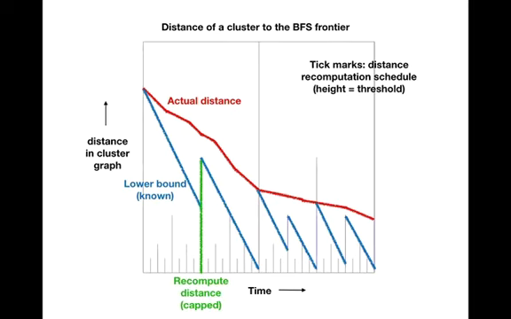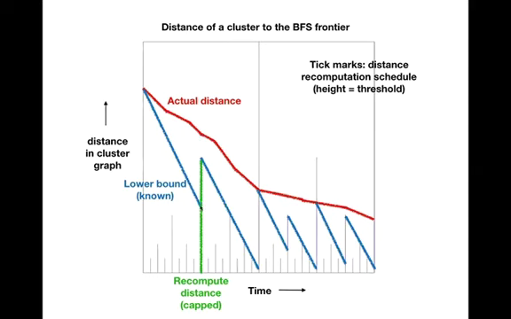And then at some point, if you kept sleeping all the way until this blue line hits 0, that would be your estimate saying, okay, now you need to wake up and stay awake. But instead, before that, whenever this estimate gets lower than a certain amount of slack, you decide, okay, I'm going to wake up and I'm going to recompute my distance to the frontier in the cluster graph, except I won't recompute it exactly because that might take too much energy.